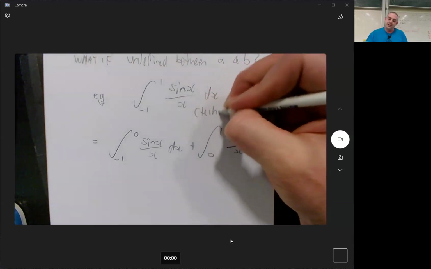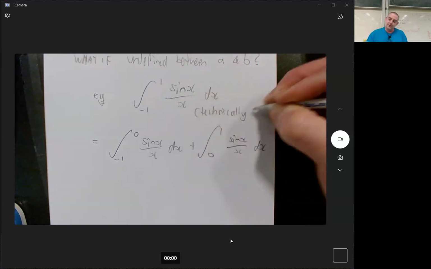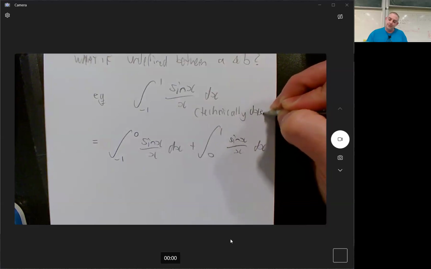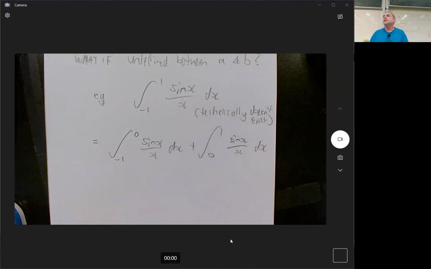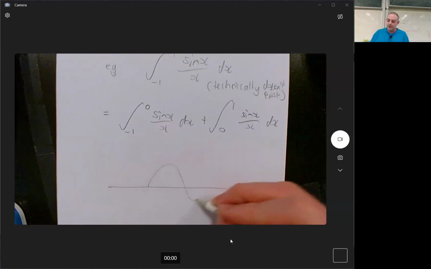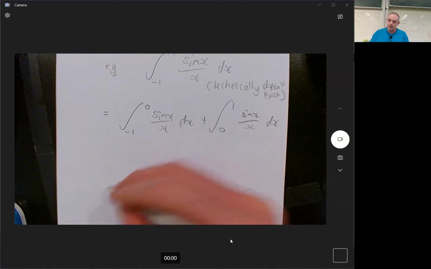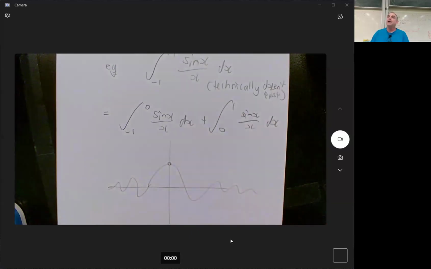This technically doesn't exist, but if it did exist, it would be this. Because sin x over x looks like this, and it has a hole just there, but it actually has a limit, which is 1.